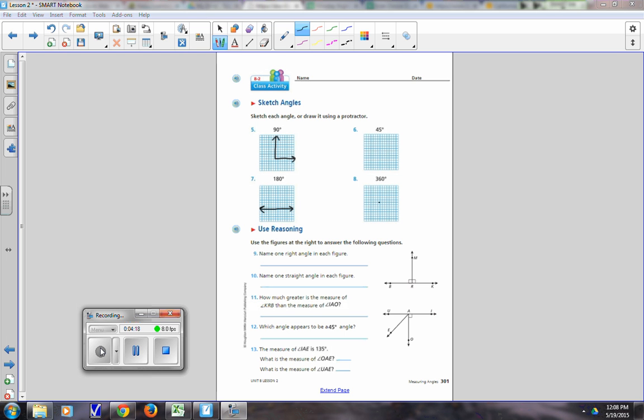You know that a 360-degree angle is going to go all the way around. A 45 is going to be half of a 90.